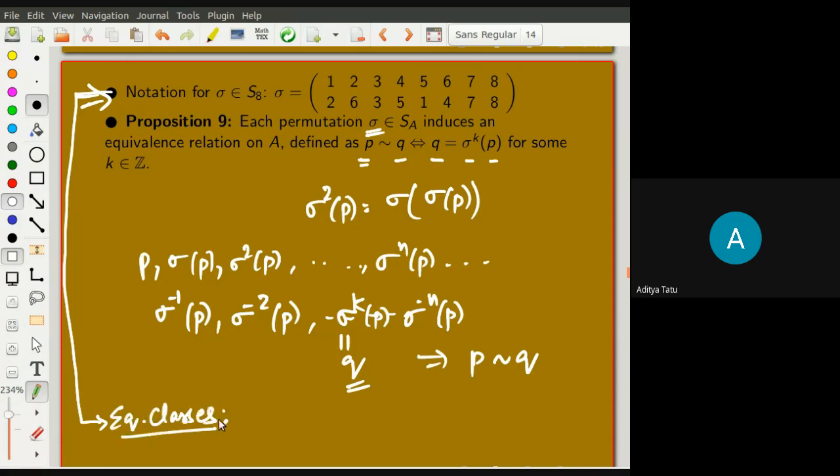Anyone? Okay, let me take the simplest case. What would be the equivalence class containing 3? Anyone?